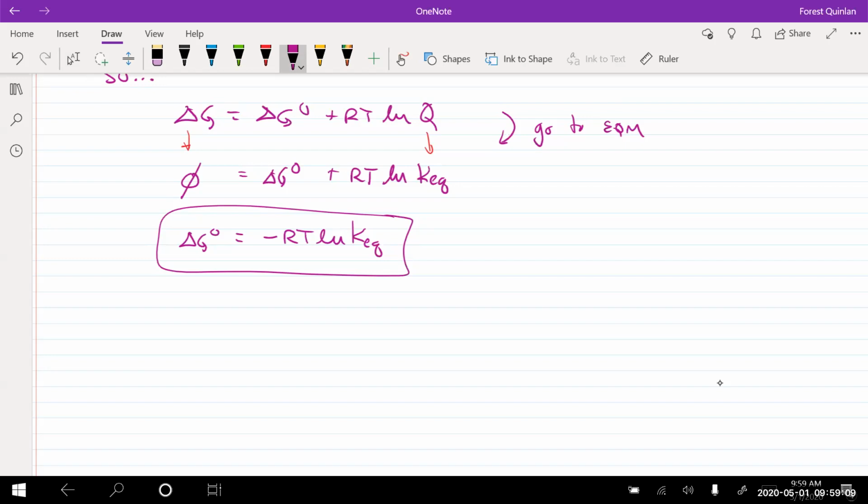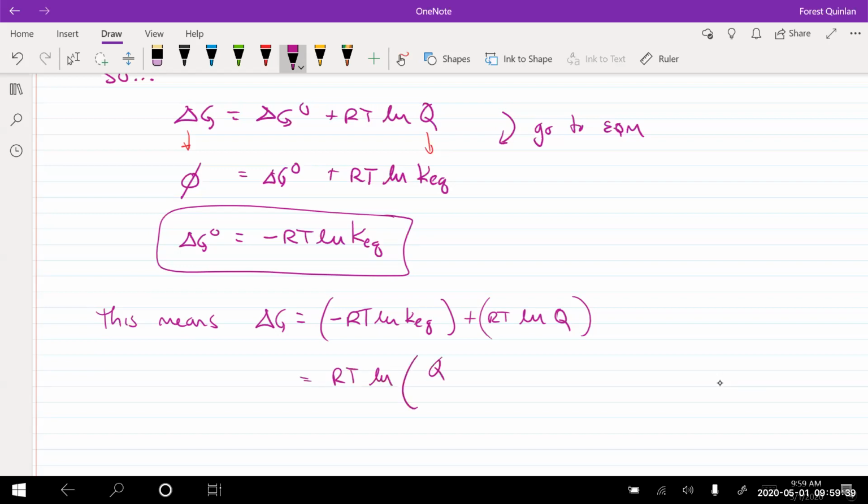So this means delta G is equal to negative RT ln Keq plus RT ln Q, right? That's putting those things back in. We can factor all this out, and that means it's RT natural log of Q over Keq.